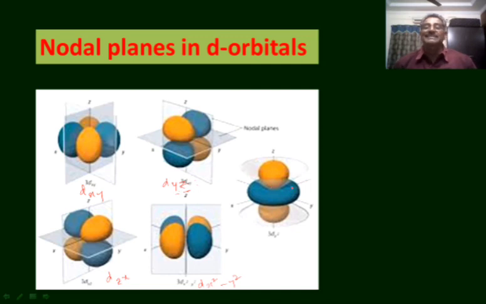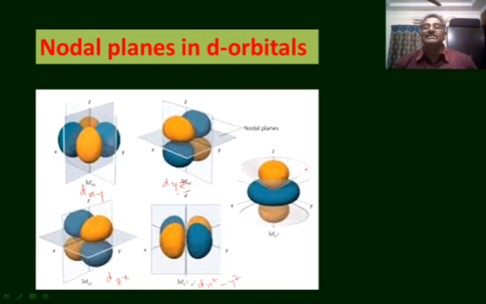Whereas in the case of the dz square orbital, the nodal planes are not planar in nature, as the ring occupies the xy plane. On this ring, the probability of finding an electron is not 0, but at the center, that is around the nucleus, there is no probability of finding an electron, and in between the z-axis and the ring there is some gap.